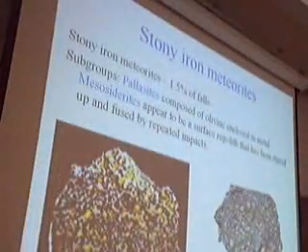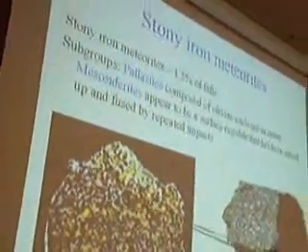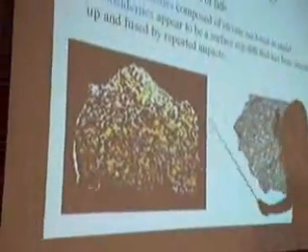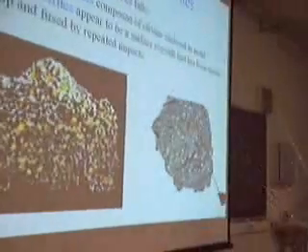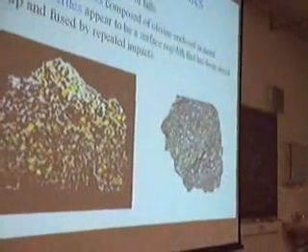The stony-iron meteorites come in two different flavors. There's the pallasites, which are really beautiful because they have these sort of glassy-like structures in the middle, and then there's something where metal and rock just blend together.